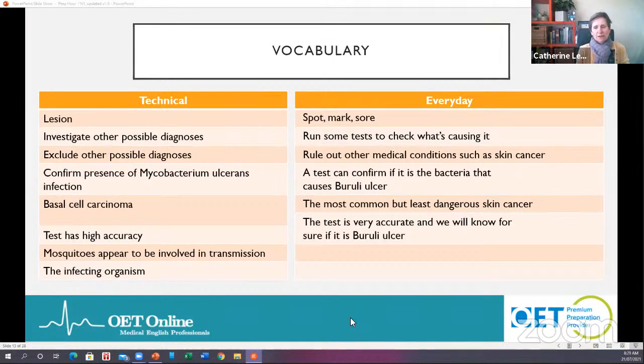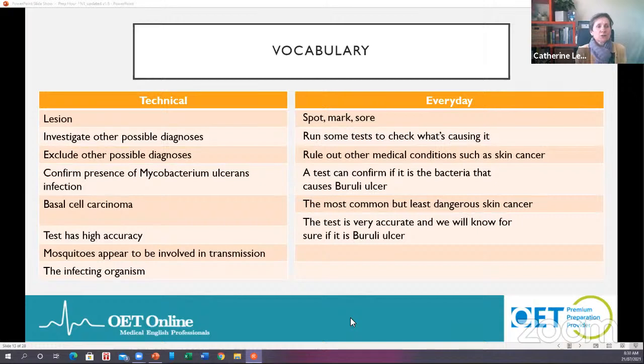Mosquitoes appear to be involved in transmission. Okay. Mosquitoes, do you have a name, a common name that you use instead of mosquitoes? What do you call them in your language? So how would you say this? Mosquitoes appear to be involved in transmission. This is straight out of a textbook definition, actually.